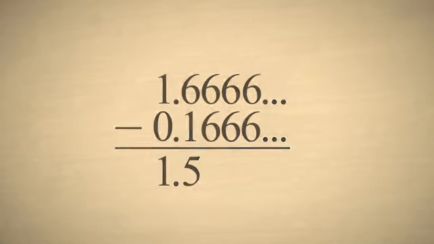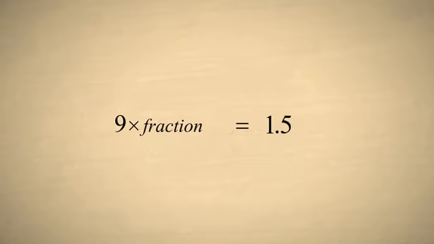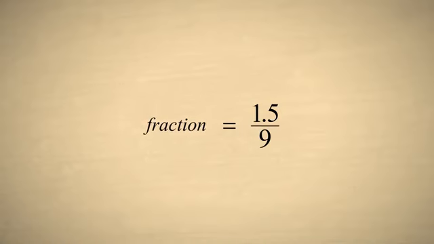We then write the equation 10 times the fraction minus the fraction equals 1.5, which we can simplify to 9 times the fraction equals 1.5. Dividing both sides of the equation by 9 eliminates the 9's on the left, and we see that our fraction is equal to 1.5 over 9.